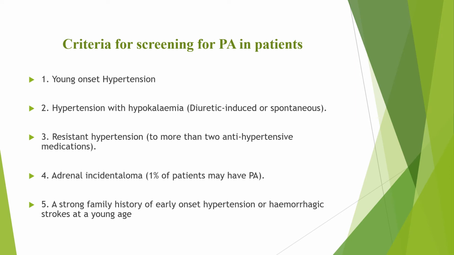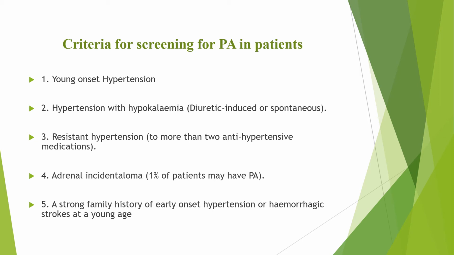So this is the criteria for screening for primary hyperaldosteronism in patients. So these patients should be screened for primary hyperaldosteronism. Number 1, young onset hypertension. Number 2, hypertension with hypokalemia, even if patients are on diuretics. Hypertension with hypokalemia, very important.